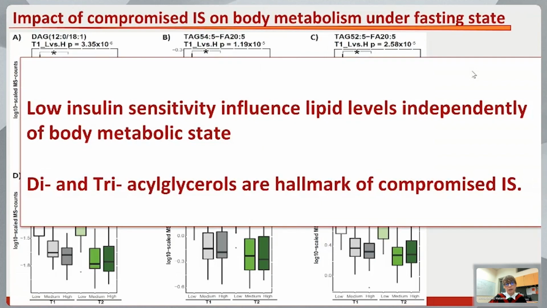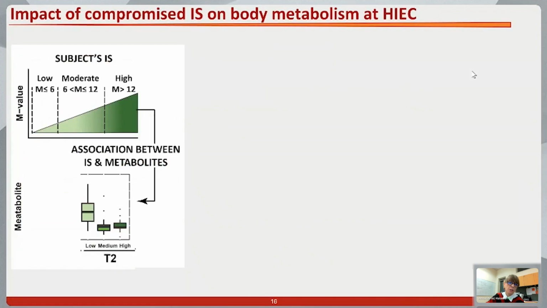So what we can conclude is that low insulin sensitivity is highly correlated with elevated lipid levels, in terms of diacylglycerols and triacylglycerols in the body, and this is independent of the condition or the body state of the individuals. Also, we propose that those di- and triacylglycerols could serve as hallmarks of compromised insulin sensitivity, and in future studies, I believe those could potentially be included in the measurements.